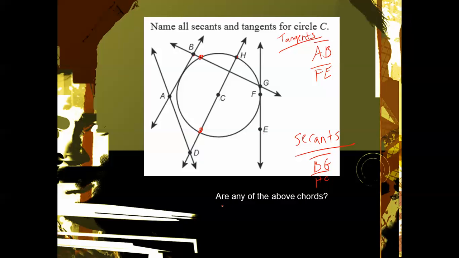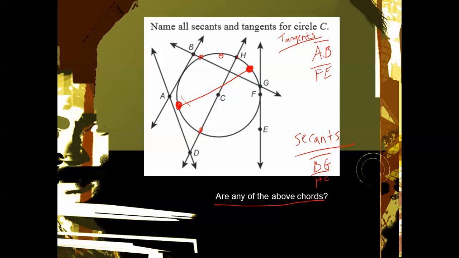And then here's this question: are any of the above chords? Now remember, a chord is a line segment, and a line segment has a beginning and an end. So a chord does not have arrows like this. A chord would have to have an endpoint on the circle, so it would be like that.